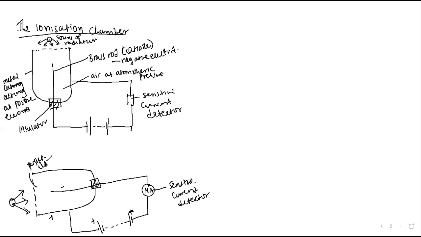Yeah, so for this one, radiation enters through the Perspex lid and enters into the chamber. And because of collision of the radiation with the air particles or air molecules which are in there, we form ion pairs. The ion pairs formed move to their respective electrodes. I'm going to send you a certain guide.